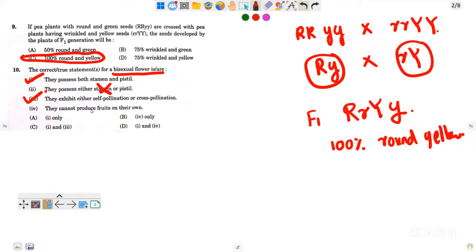They cannot produce fruit on their own, that is an incorrect statement. What's the answer? It's option C, that is, options 1 and 3 are right.